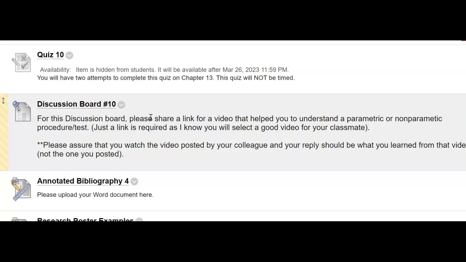So if you've already reviewed an article for this poster presentation that perhaps talks about ANOVA or t-tests or one of these, I would say then that's going to be the parametric or non-parametric test that you want to look further into. But that's just a recommendation.